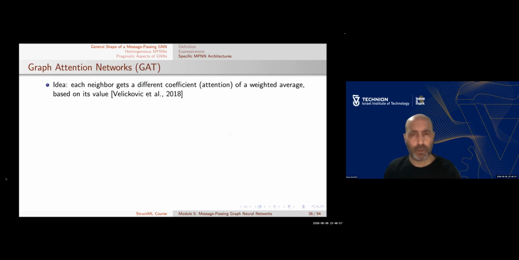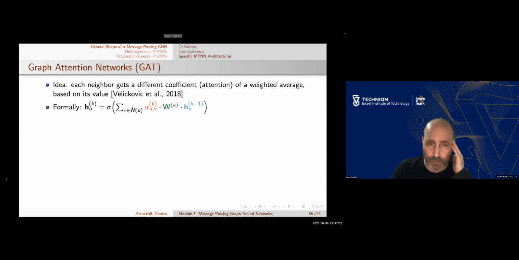The next model is GAT, Graph Attention Networks, and here the idea is basically to aggregate the neighbors using attention. We pay more attention to some of the neighbors based on their values. And remember, attention basically means a weighted average, where the weight in the average is defined smartly. So it looks like that. We sum up over the nodes of the neighborhood of U, including U itself.